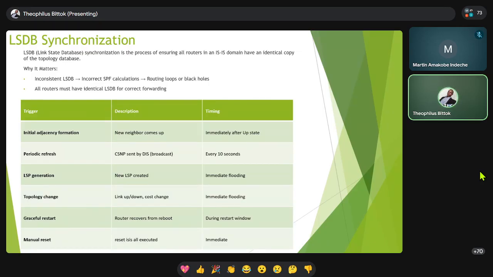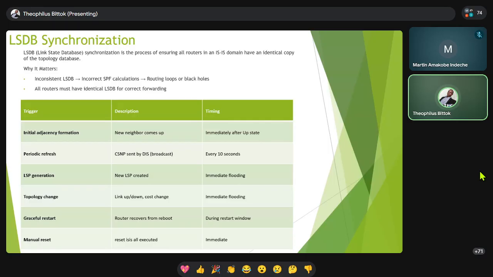But when you are sending the periodic synchronization, you should note that the sequence number is not going to be incremented, and there will be no shortest path recalculation because nothing has actually changed. I'm just telling you that whatever I sent you before, the network is still just like that.